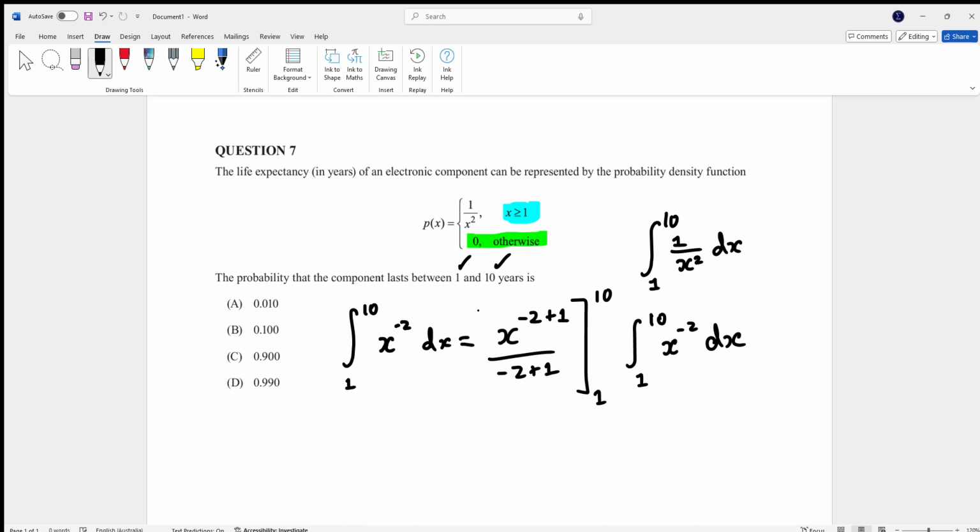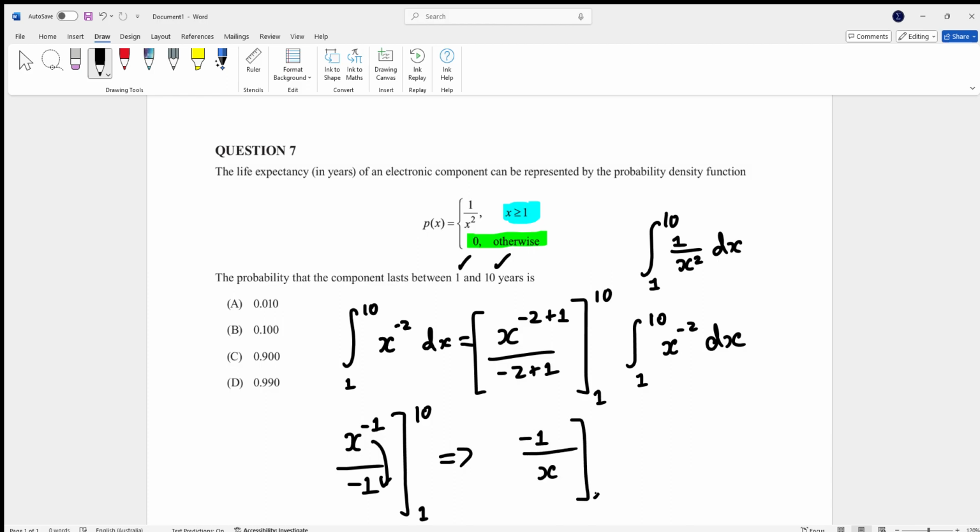Now let's simplify this before we put in the bounds. Negative 2 plus 1 is negative 1, so x to the negative 1 over negative 1, which we can rewrite as a positive index by moving this down to the bottom, as negative 1 over x, with bounds 1 and 10.